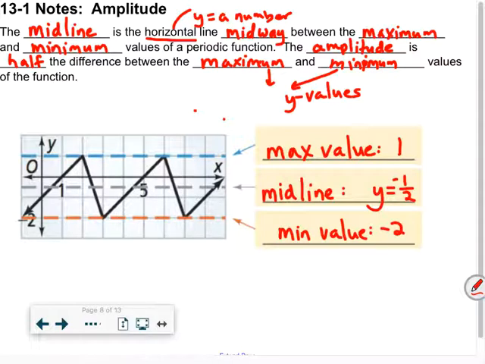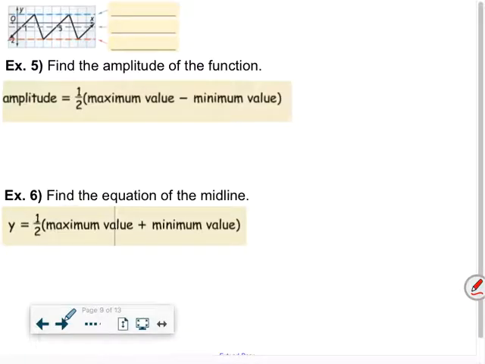So let's look at the slide below, and I put formulas here, and you do need to just remember these, and I believe we'll do enough practice to remember them. It's the same graph as above. Example 5 goes with the graph above. It says find the amplitude of the function, and the amplitude is half the difference between the maximum and the minimum value.